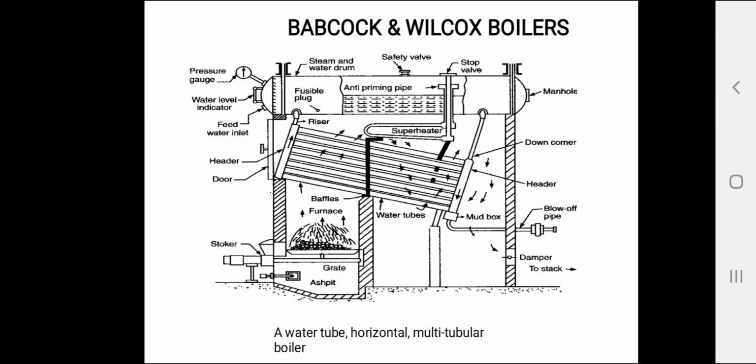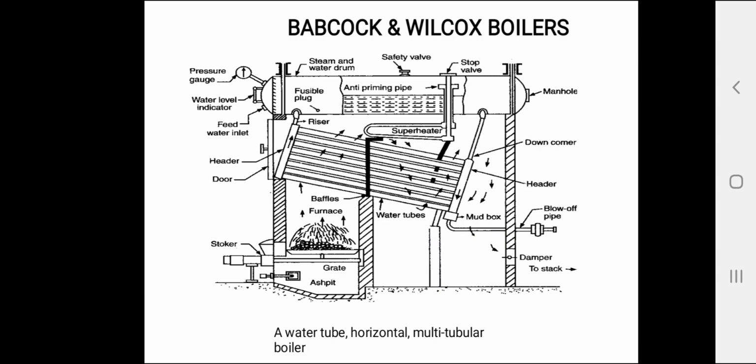Babcock and Wilcox boiler. On the screen you can see the working construction of the Babcock and Wilcox boiler. Here the tubes contain water. On the left side you can see the grate, and above the grate there is a furnace.